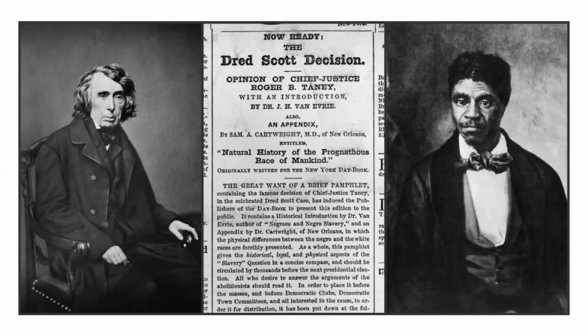Moreover, the court concluded that Congress possessed no authority to pass a law depriving persons of their slave property in the territories. So the court more or less argued that the Missouri Compromise had always been unconstitutional. And the Chief Justice was Roger Taney.